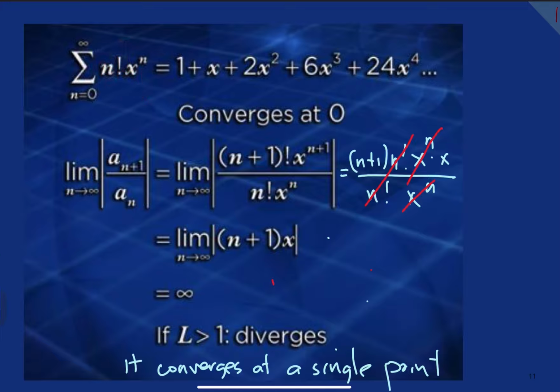So it's 1 plus x plus 2x squared plus 6x cubed plus 24x to the fourth. Notice that the coefficients are getting bigger and bigger, because the coefficients are n factorial. What comes after 24? It's 120. So let's see where it converges.